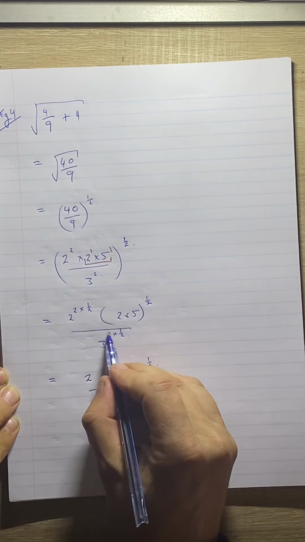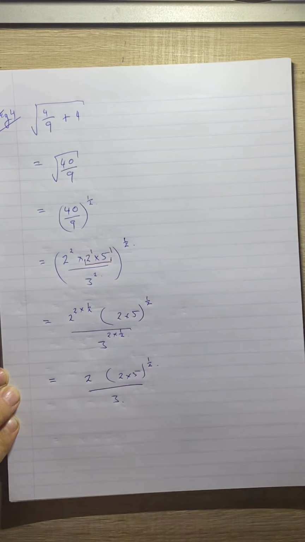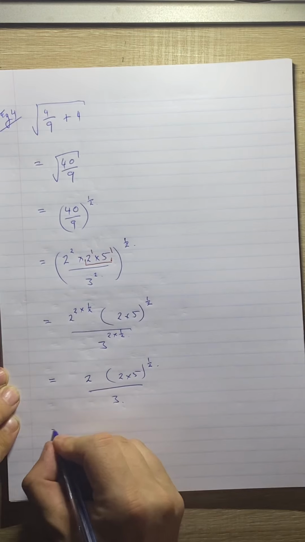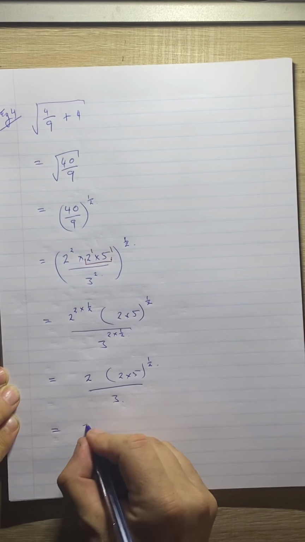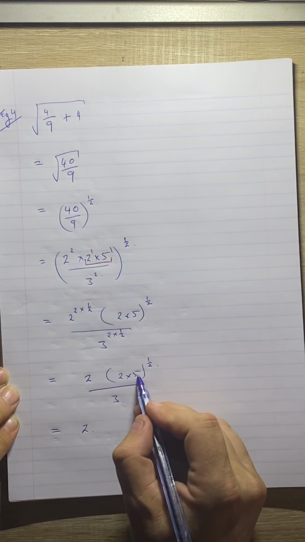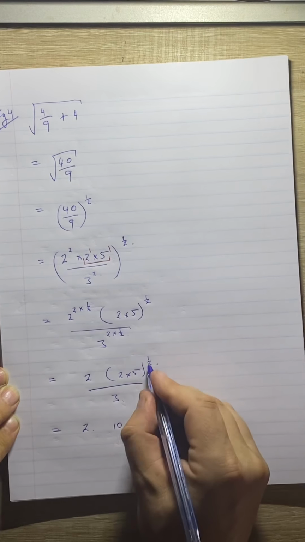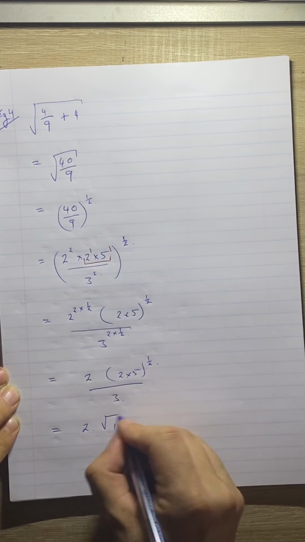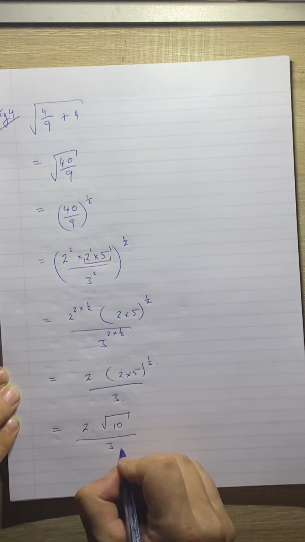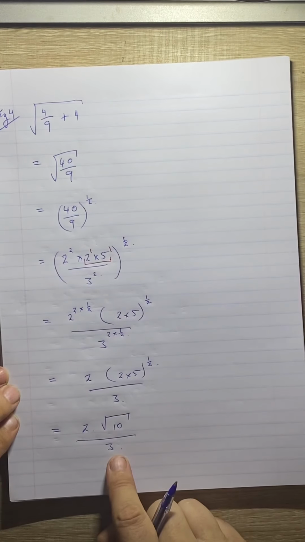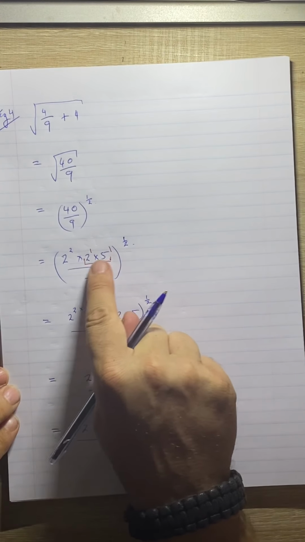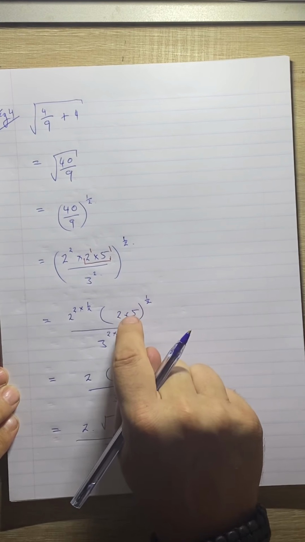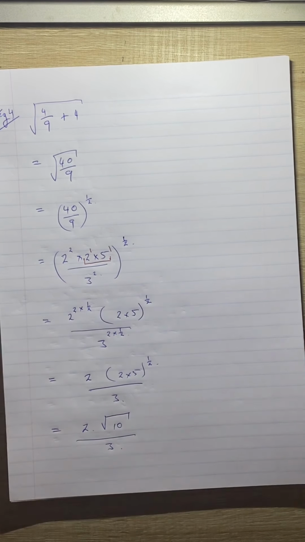And then at the bottom here, that 2 will cancel with that 2, and we're just left with 3. Okay, what I can do now is I can simplify this. So this will give me 2, 2 times 5 is 10. And just remember that the half means a square root over 3. So I have simplified it to be that. Okay, so that was just the tricky bit over there, but I'm sure you guys can handle that.